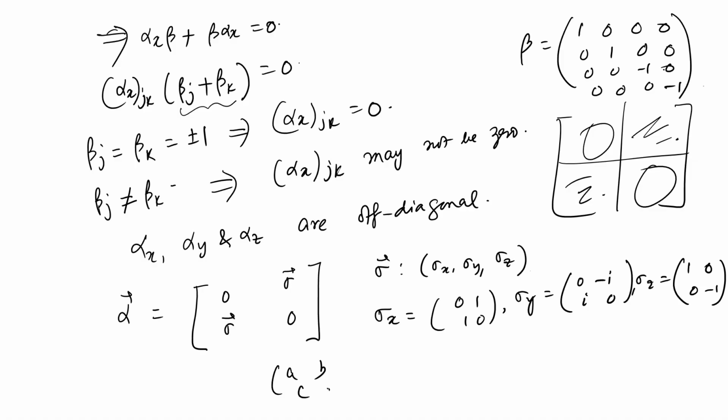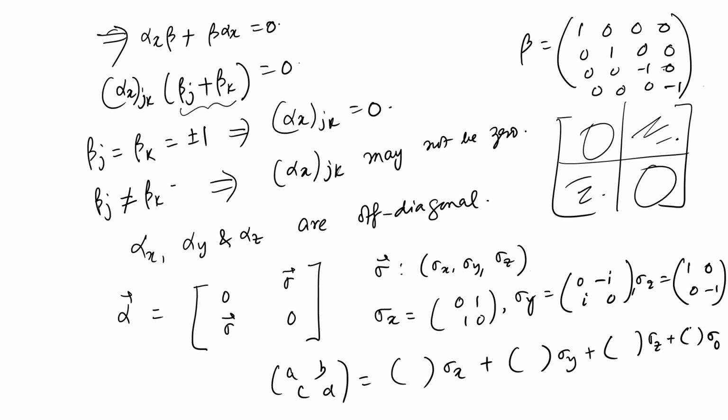This again reiterates the statement that any 2 by 2 matrix, like a matrix A, B, C, D, can be written as some coefficient times sigma x plus some coefficient times sigma y plus some coefficient times sigma z, where the coefficients are formed of A, B, C, D, and plus something times sigma 0. All right. So, if that is true, then of course these matrices will not anti-commute with each other, because each one is like a sigma x or sigma y or sigma z.